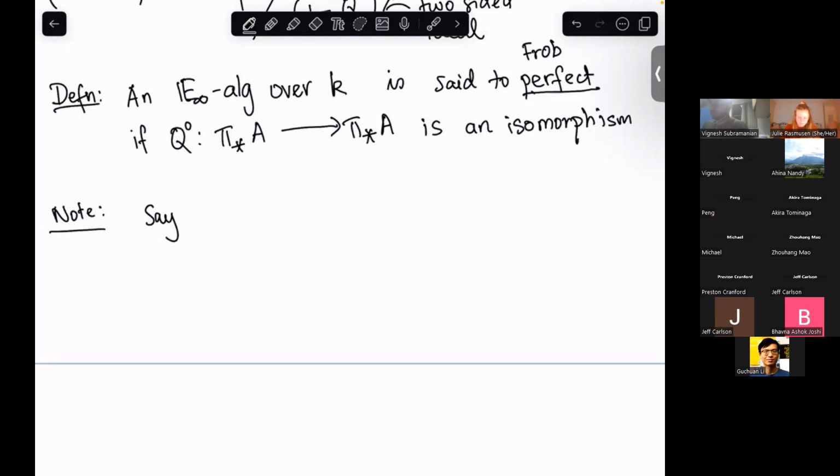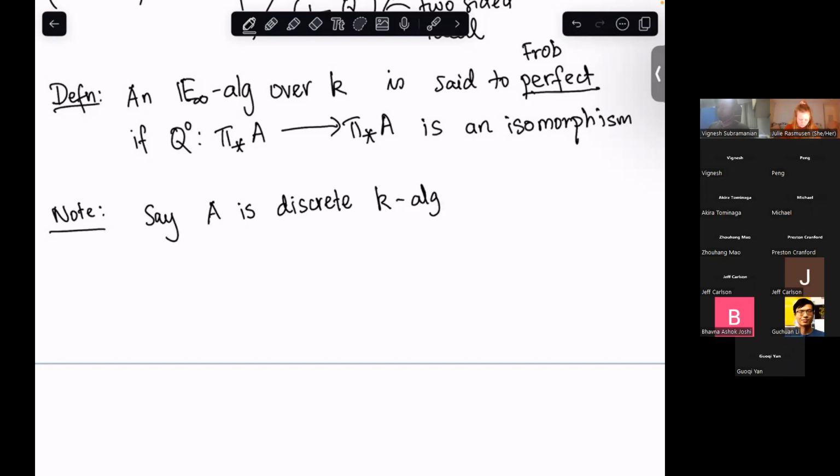So A is a discrete K-algebra. I mean, it's an ordinary commutative ring, so it's E-infinity. So what are these power operations there?